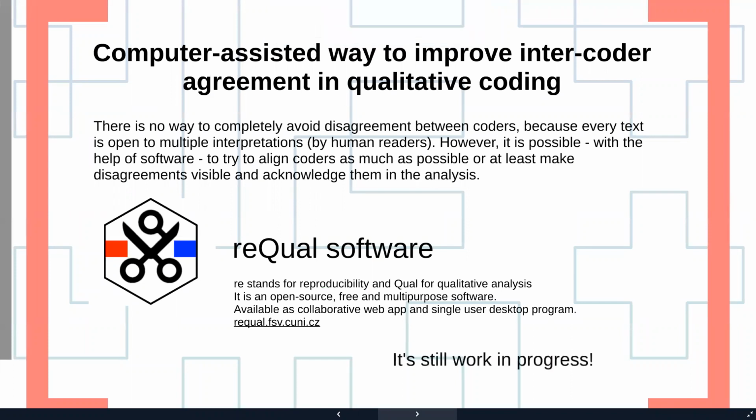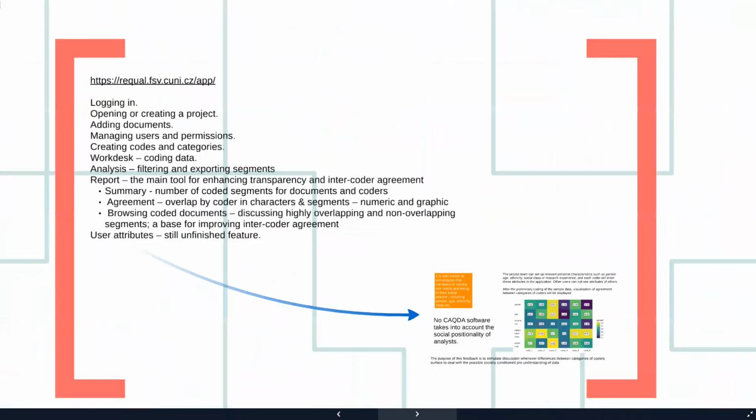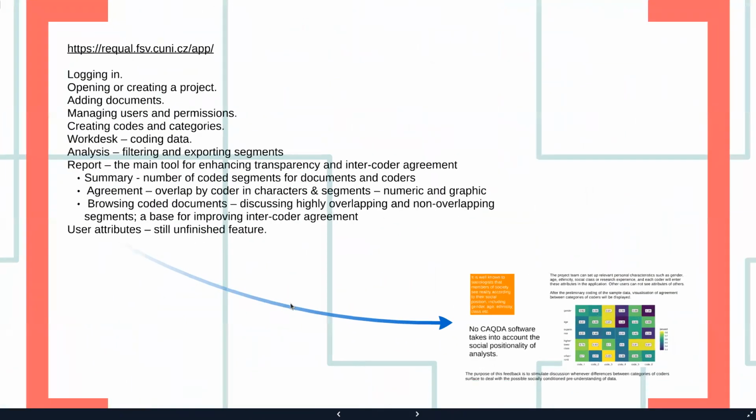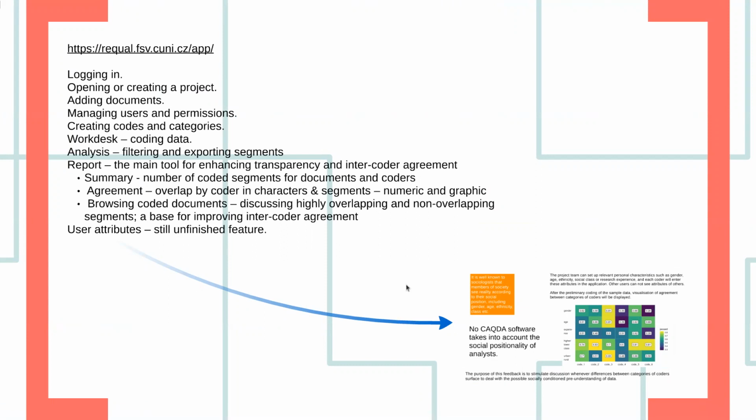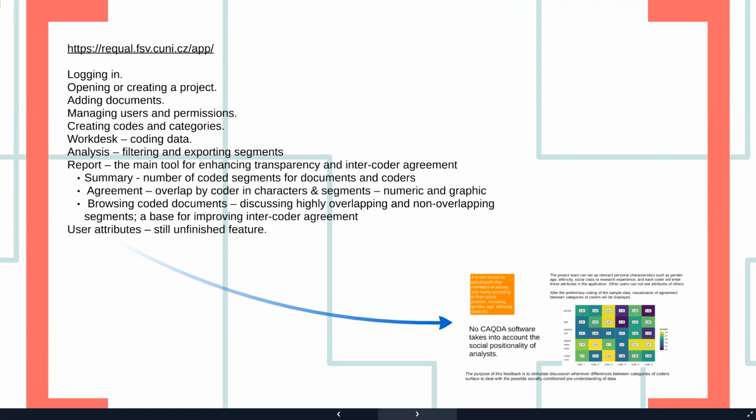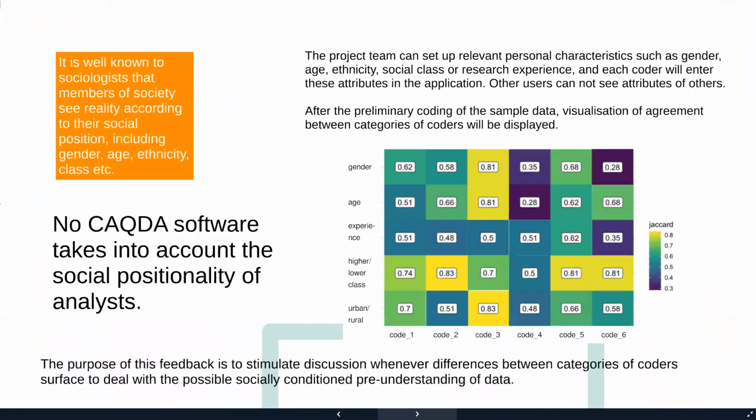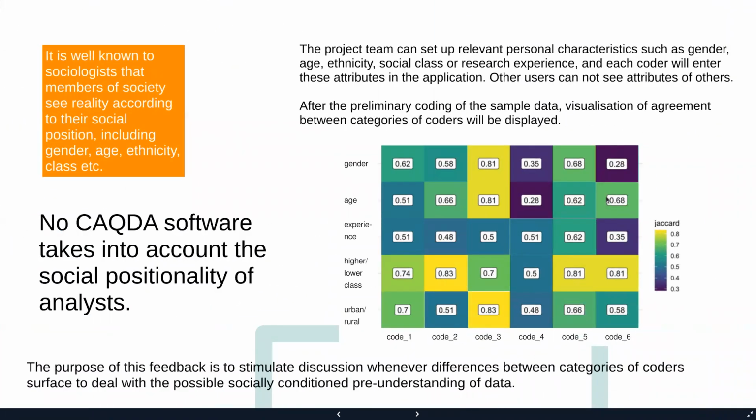because this screen is about user attitude, and I have to explain that it's not implemented yet in the program. So we don't have it in the program, but this is how we think it will work.